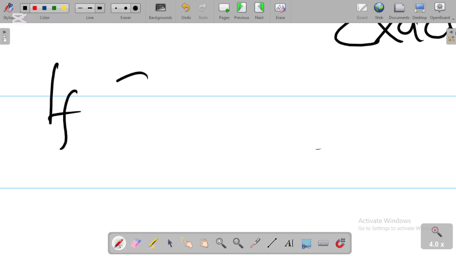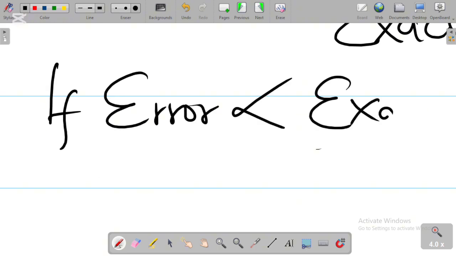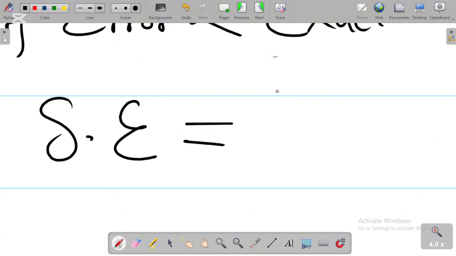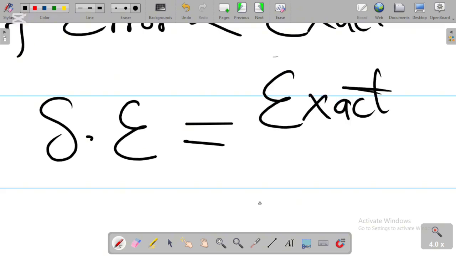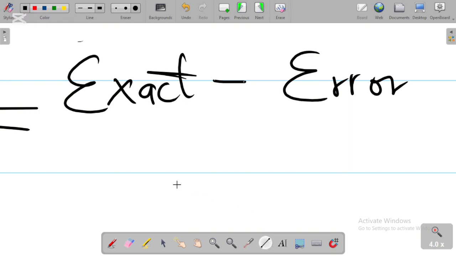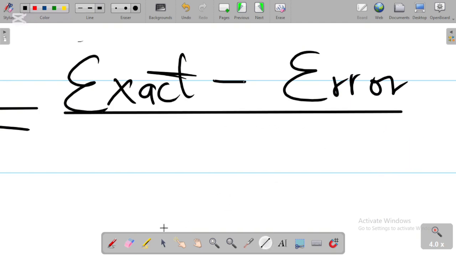If your error is less than your exact, simply use standard error is equal to exact minus error, all over exact.